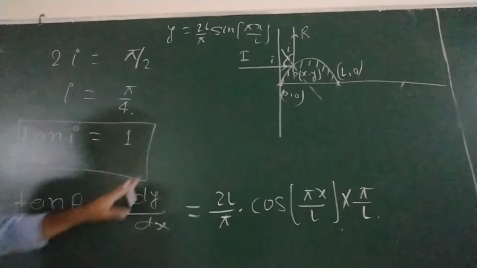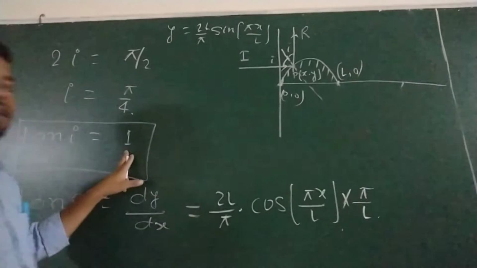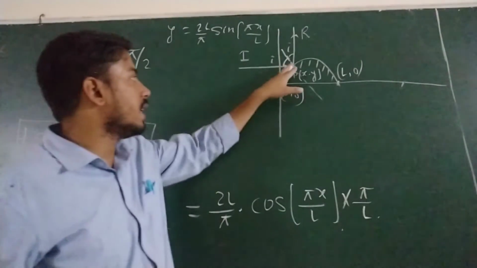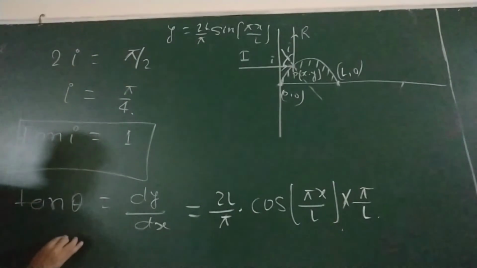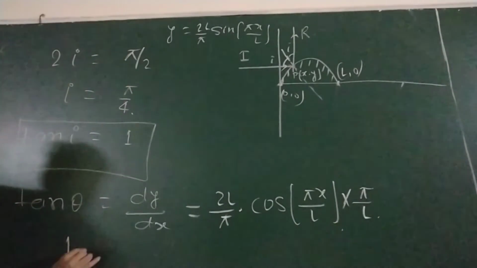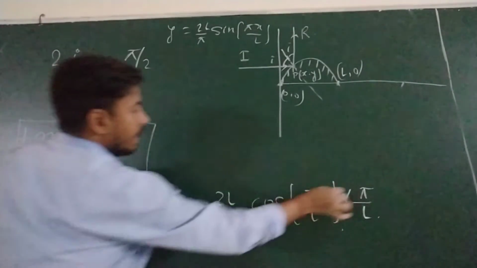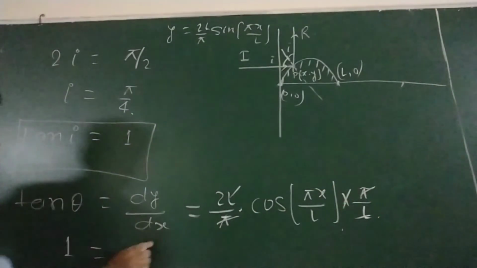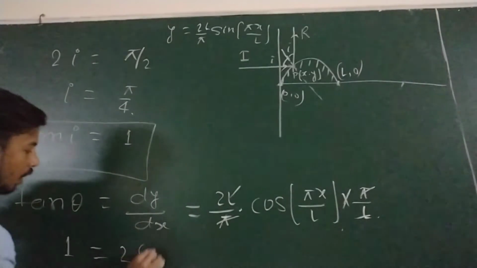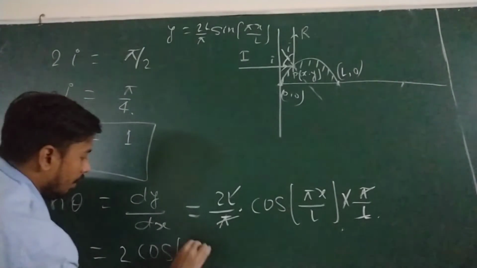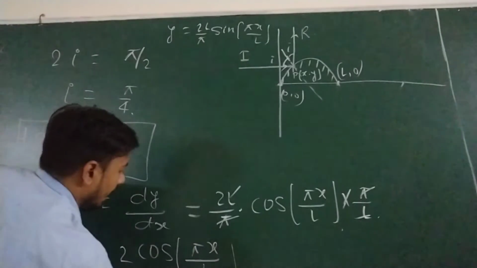And what is the value of tan theta in this case? 1. Suppose this 1 is equal to 2L by pi times pi by L. So here pi gets cancelled, L gets cancelled. So this becomes 2 into cos pi x by L.